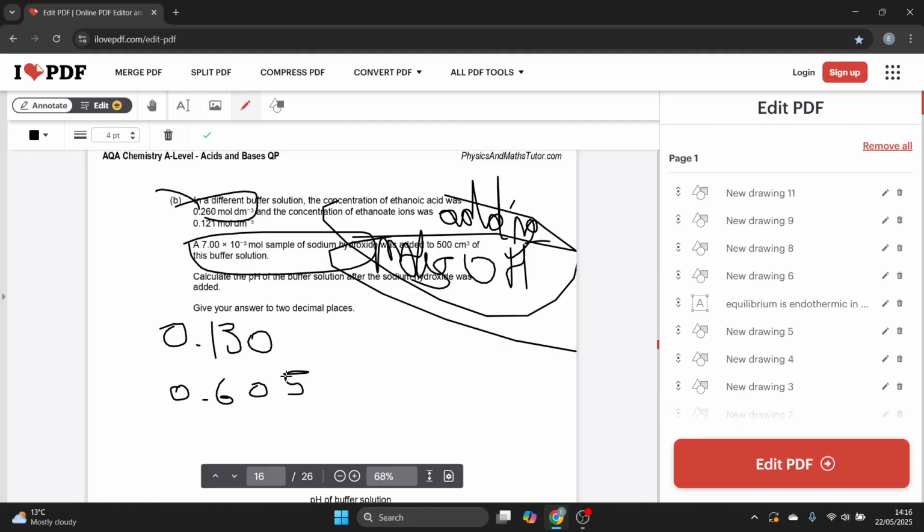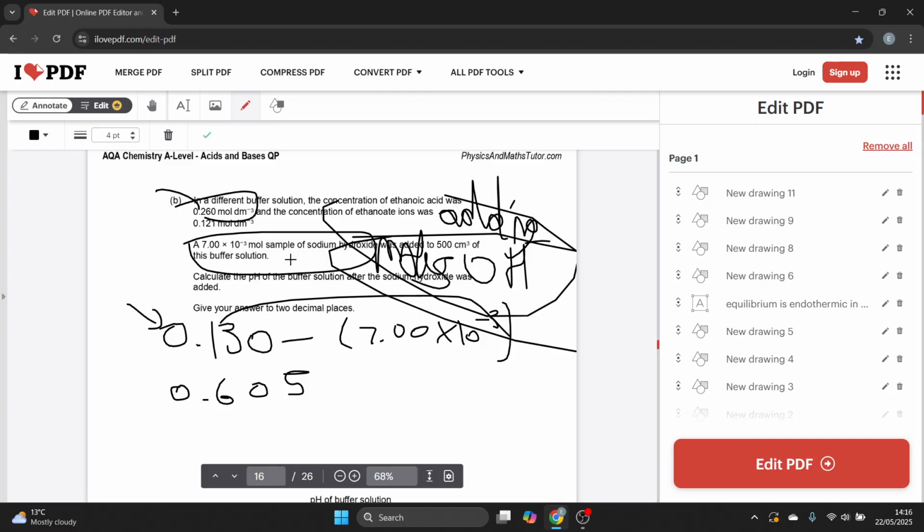Okay. Now I'm adding sodium hydroxide, right? So if I'm adding sodium hydroxide, it's going to react with the acid. So therefore I'm going to subtract 7.00 times 10 to the power minus 3. So I'm basically minusing, so what's remaining is what's left, because it's reacting with this.